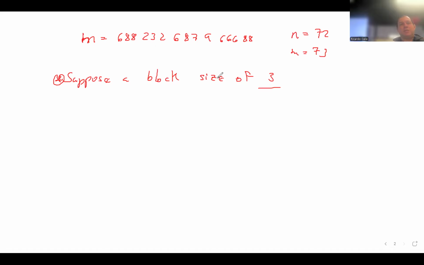And we just have to be consistent. So we're going to assume these to be our blocks, okay? And so now what we want to do is we want to use RSA to encrypt these messages. So we're going to consider some parameters.